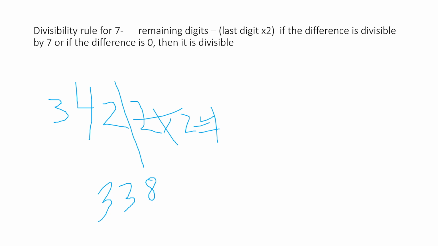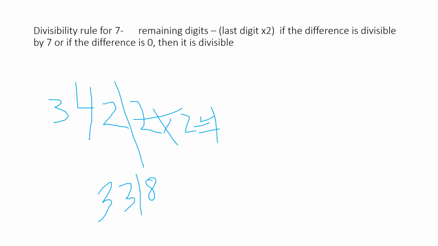Now, after I do that, see if the difference is divisible by 7. So it's totally not 0 and not divisible by 7. So I'm going to do it again. Last digit times 2 and the remaining digits.